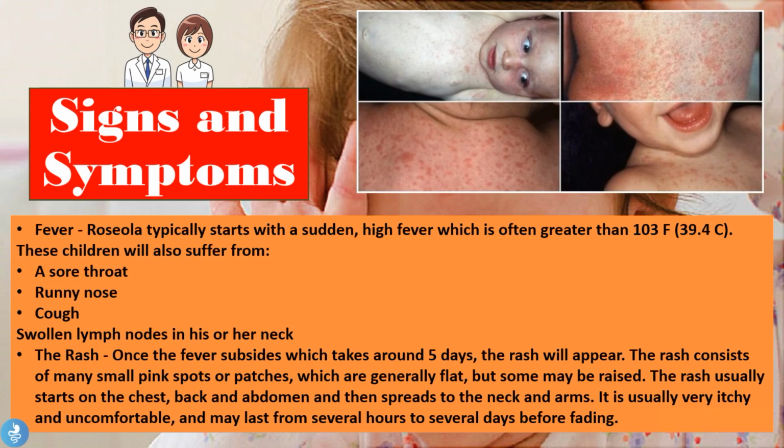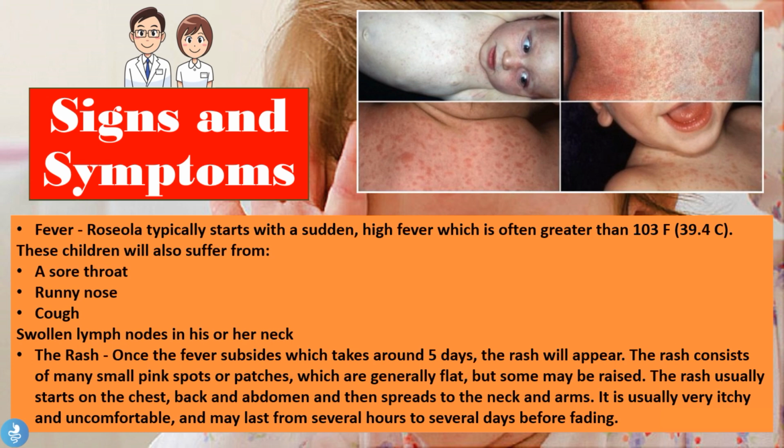The signs and symptoms. As we mentioned in the first slide, the disease initially presents with a fever, and roseola typically starts with a sudden high fever, which is often greater than 103 degrees Fahrenheit, which is around 39.4 degrees Celsius. These children will also suffer from a sore throat, a runny nose, a cough, swollen lymph nodes in the neck, and of course we will have the appearance of the rash.